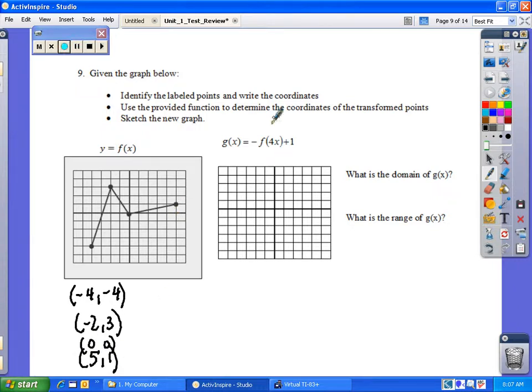Okay. Now this transformation is telling me, first off, that this is a horizontal change, and since it's a 4, it appears to be a horizontal stretch, but remember, this is not written in standard form, so this is actually a horizontal shrink by a factor of 1/4. Because I could rewrite this function as negative f of x over 1/4, plus 1.